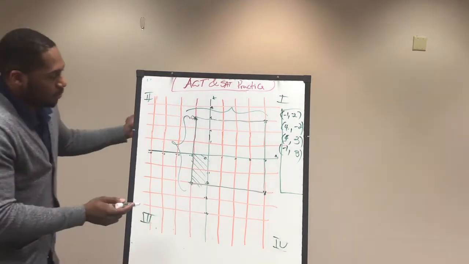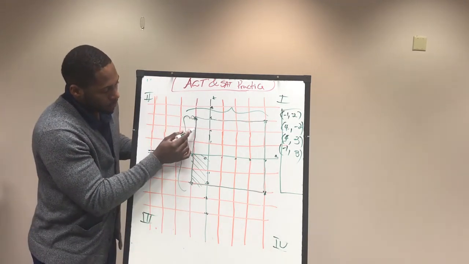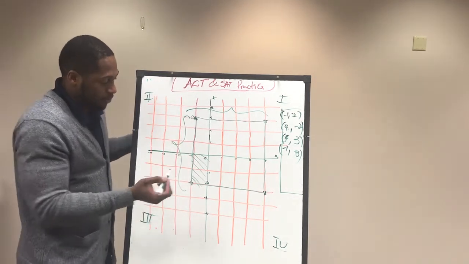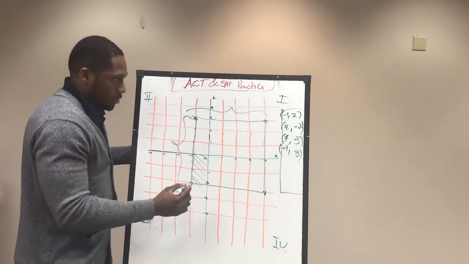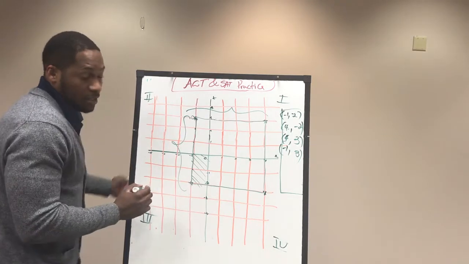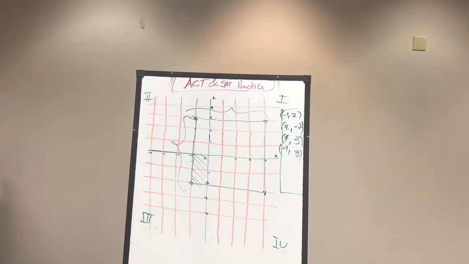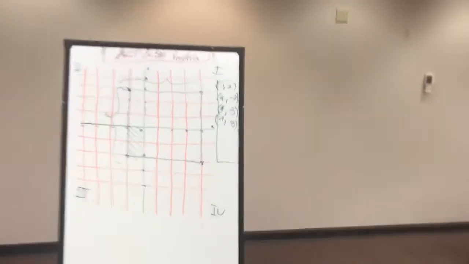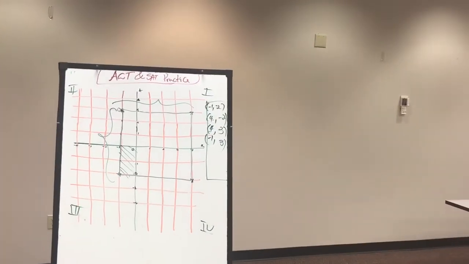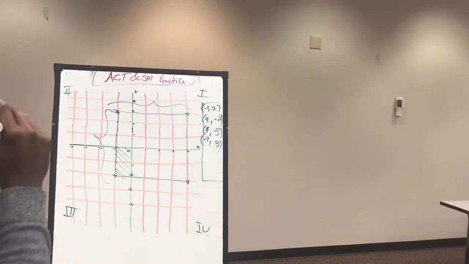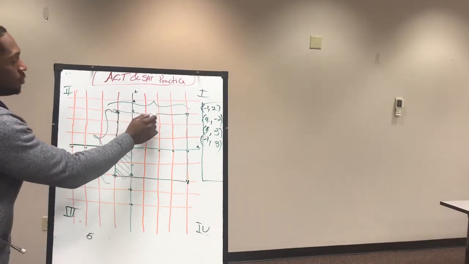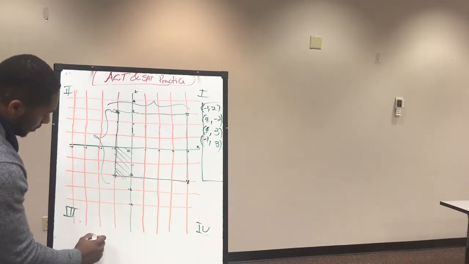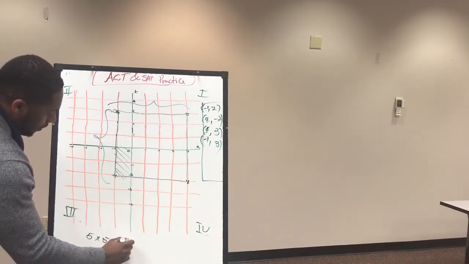Because we're on the grid, we don't have to use the formula. Let's count them: 1, 2, 3, 4, 5. So the area of the rectangle is 5 times 5, which is 25.